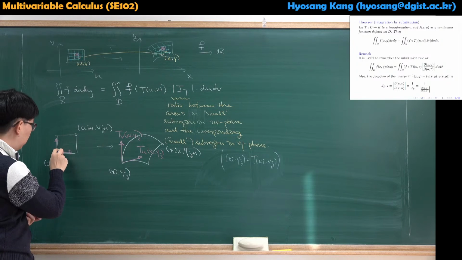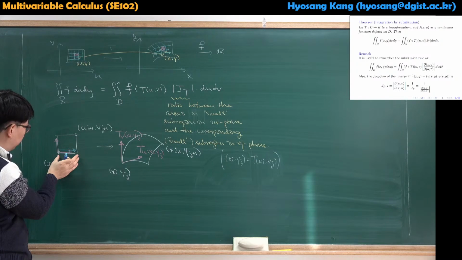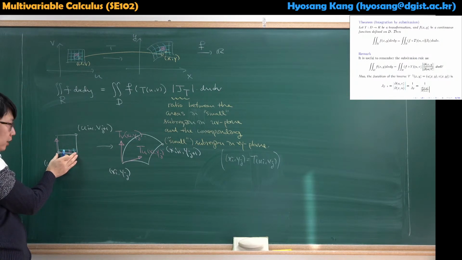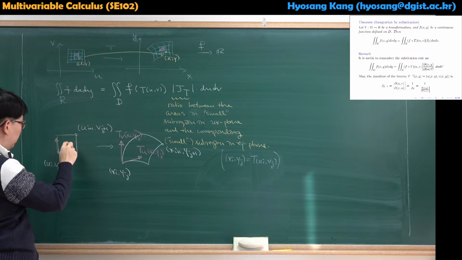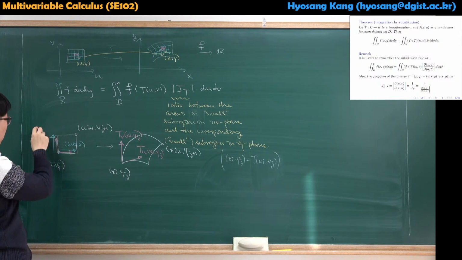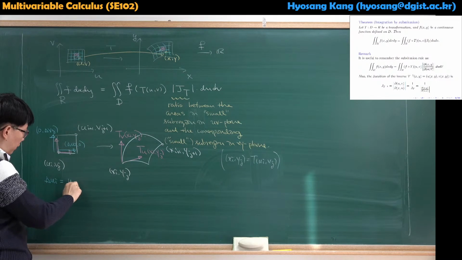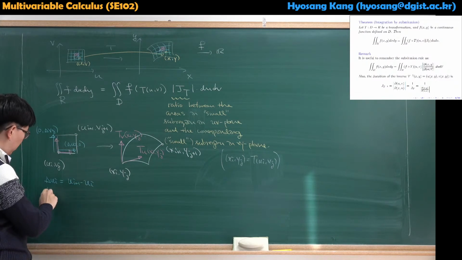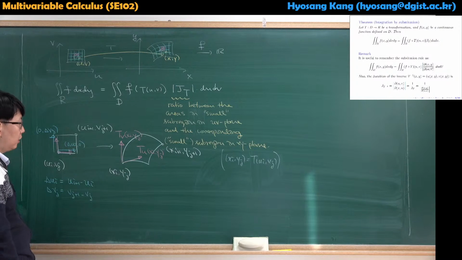So in order to take the vector which has the same size as the length of the rectangle, this is delta ui, 0, and here we have 0, delta vj, right? Here delta ui is ui plus 1 minus ui, and delta vj is vj plus 1 minus vj. Okay, the same notation as before.